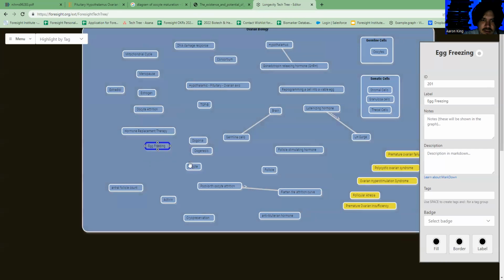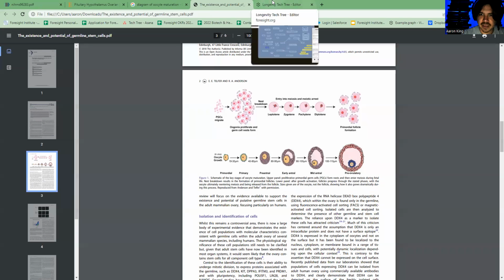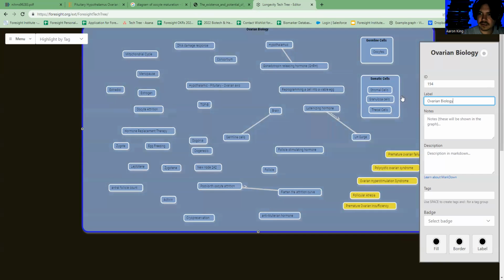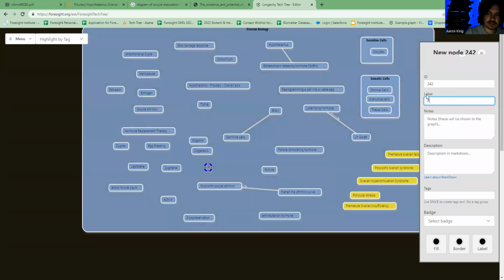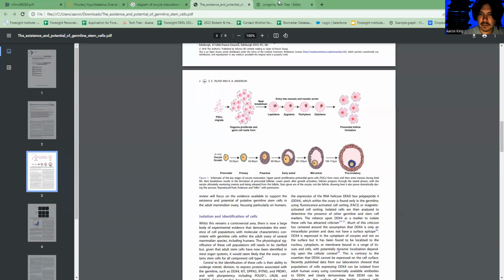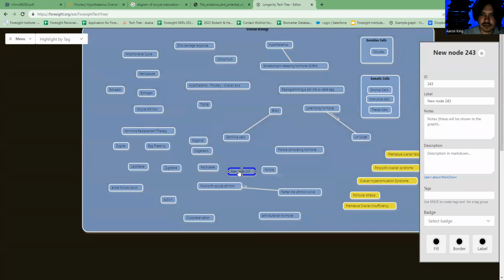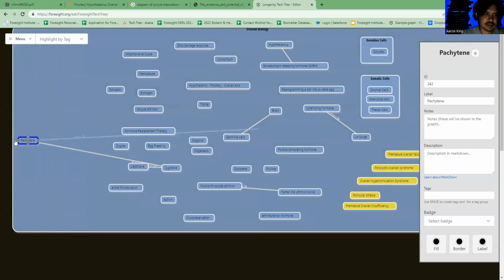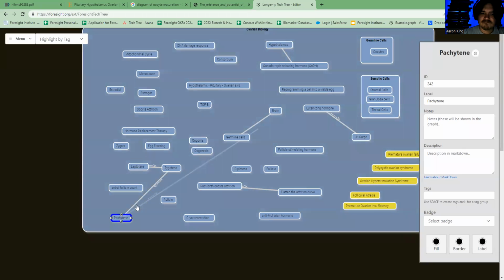What the heck is going on here? Zygotene, leptotene, pachytene. Diplotene.